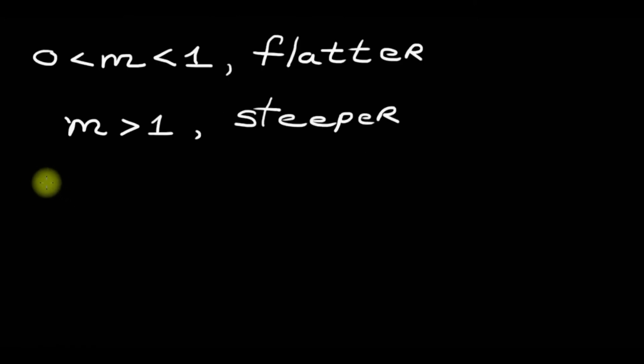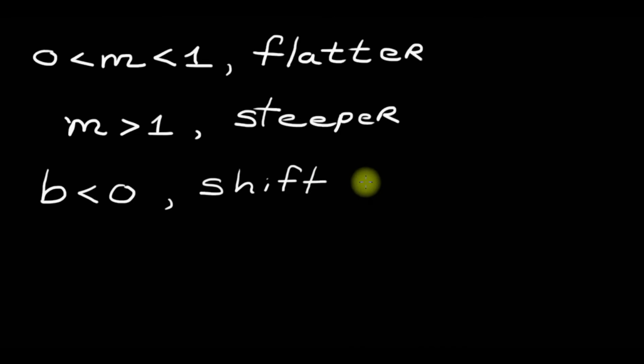If your y-intercept, your b, is negative, meaning less than 0, it's going to shift down. It's going to go down b units.